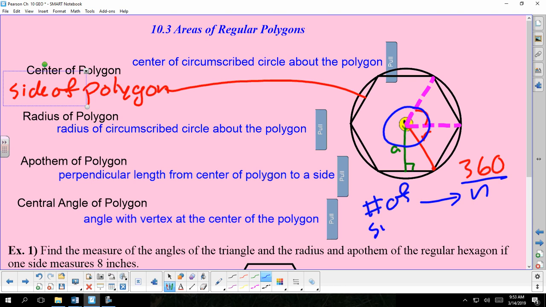And this works because we're calculating the area of regular polygons, which means all sides and all interior angles are equal. So in this case, we have 1, 2, 3, 4, 5, 6, a hexagon. So each of those central angles is going to be 60 degrees. That's 60 degrees, 60 degrees, and all the way around.